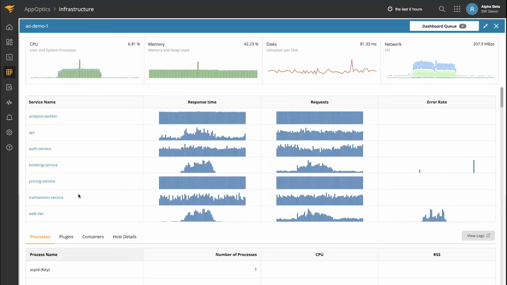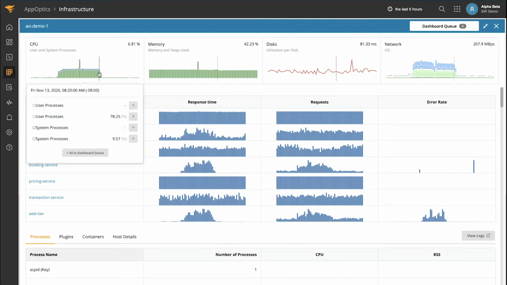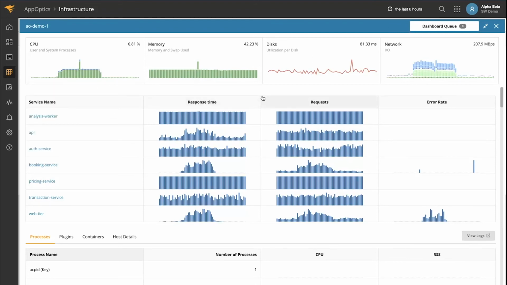So when we look back at 6 hours, when we had that issue and our latency was higher, we can see that the CPU was spiked, our user CPU was through the roof, system CPU basically took it to 100. And we can look at all the services that are running on those nodes. In this example, this is essentially a single host running a bunch of Docker containers and services.